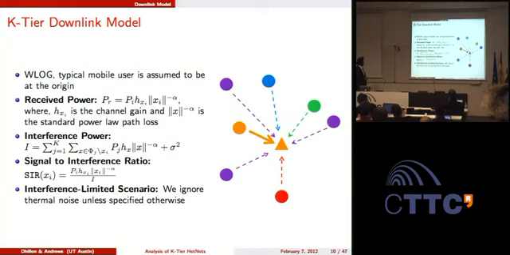And then the interference power is going to be the sum of the power received from all the interferers, which is basically the complete network except the base station to which you are camped. And then you define signal to interference ratio as the received power from the camped base station divided by the net interference from the whole network.